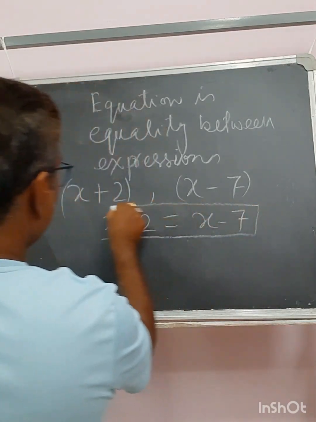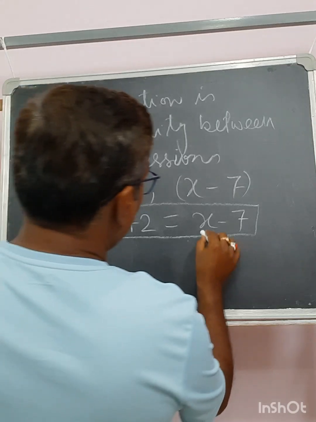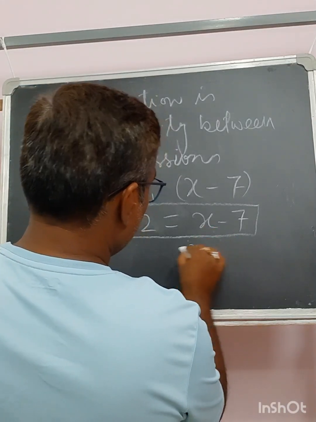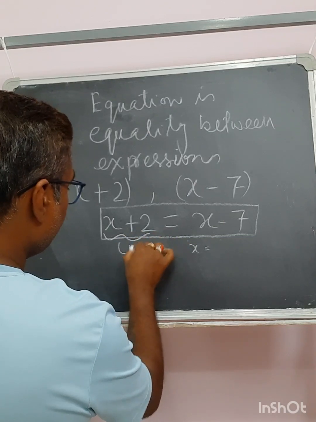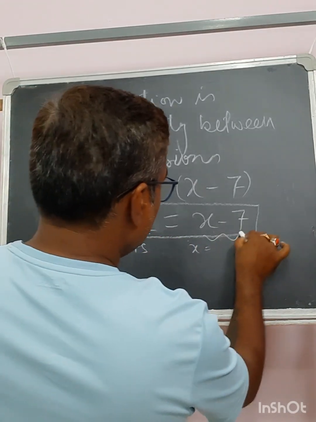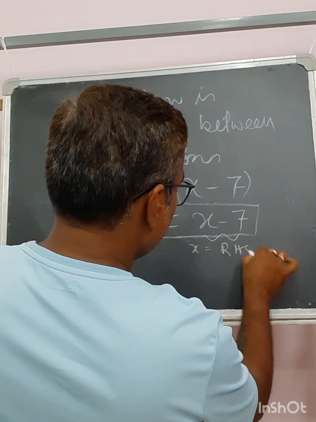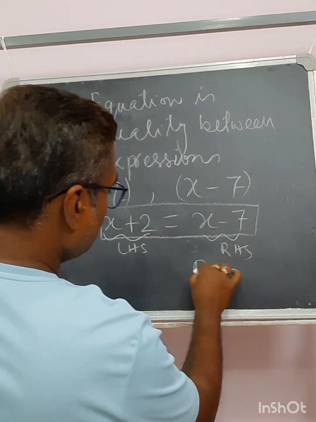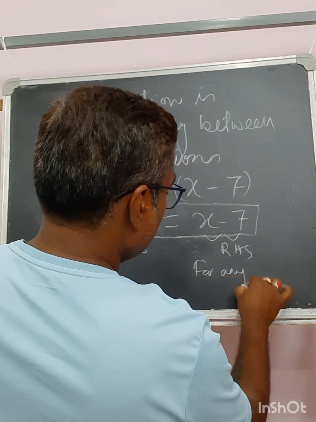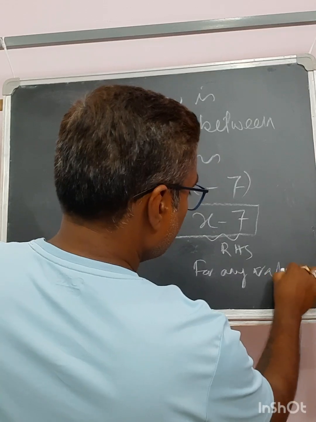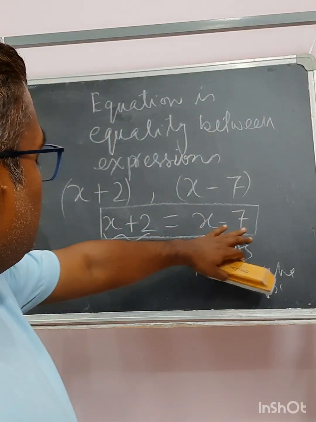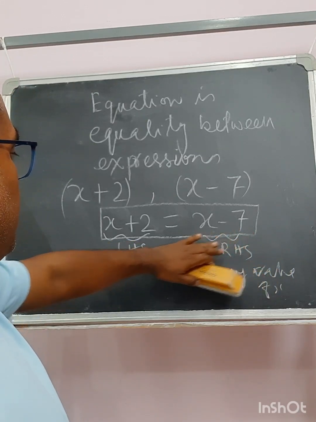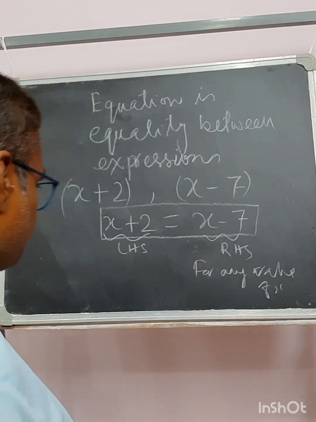And for some value of x, the left hand side, that means this part, has to be equal to the right hand side. Okay, now this is right now in an equilibrium form.